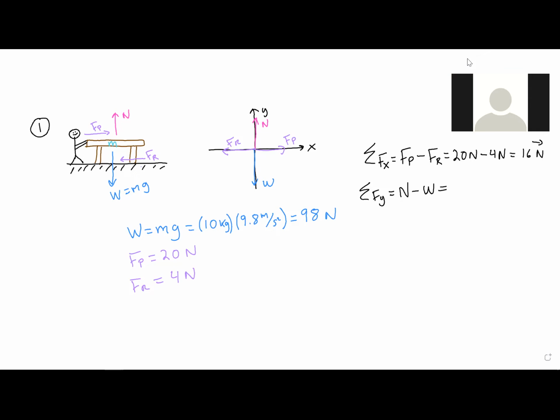No. Is the table being lifted? No. So is there movement? Exactly, Diego, you wrote it in chat. Is there movement in Y? No. So the normal is going to be equal to the weight. They cancel each other out.